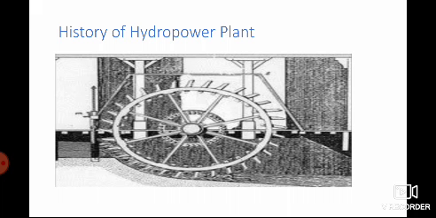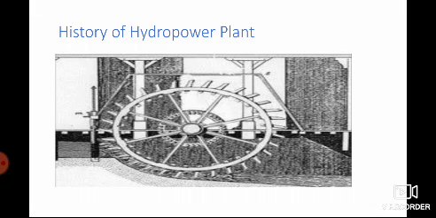Now we start from the history of power plants. The first knowledge of hydropower recorded in Norwegian history is a small water wheel driving a flour mill in the 11th century.